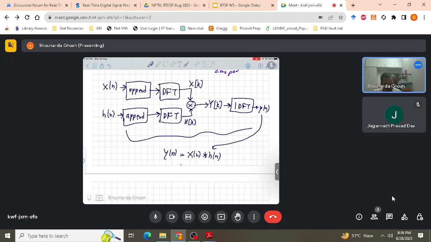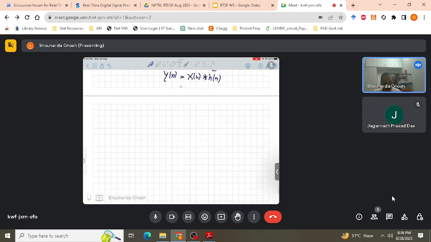Now let's suppose for some reason xn and hn are of the same length. So you might be thinking, what's the need of appending zeros? Let's just directly apply, since they have the same length, I'll directly do the N point DFT, and I'll directly do this N point DFT.